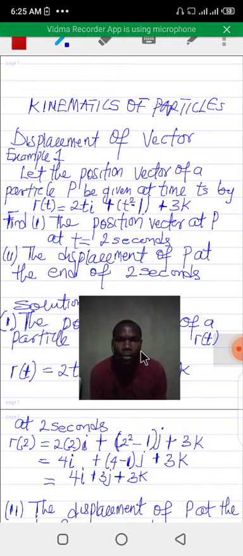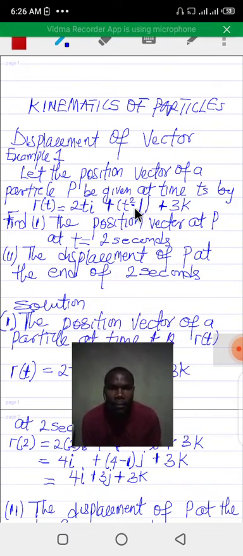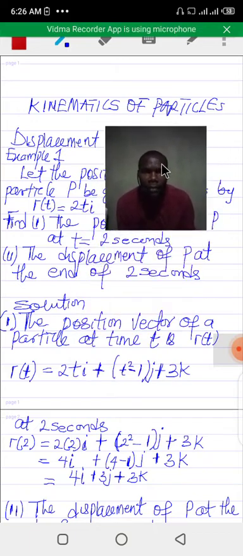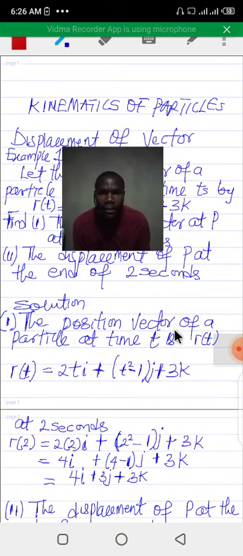Let the position vector of particle P at time t seconds be given by r(t) = 2t i + (t² − 1) j + 3k. Find: one, the position vector of P at t = 2 seconds; two, the displacement of P at the end of 2 seconds.